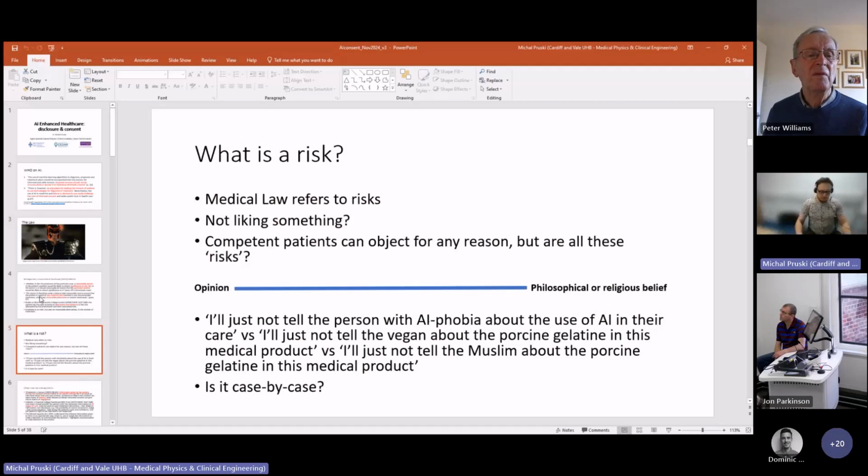But there's also this broader theme that we talk about when dealing with patient consent. And those things relate to what you can see as a spectrum of opinion and philosophical or religious belief.